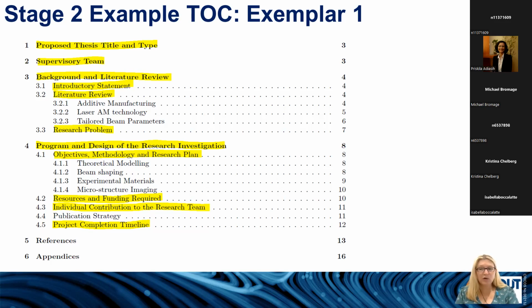We can't go through all of the guidelines, which is why I popped them in at the start for you to go and investigate the one that applies to you. Your supervisors will also tell you how much they want you to stick to those guidelines and what they would like you to add. So the highlighted parts are QUT guidelines, and the rest the writer has put in themselves.